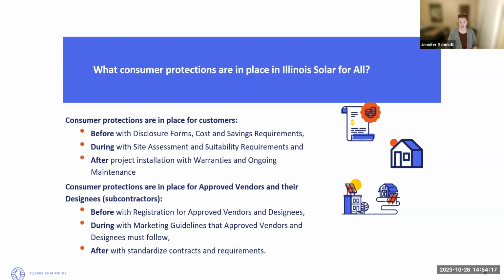The site assessment and suitability requirements are more with the on-site solar sub-program. And then after projects are installed, there are warranties and ongoing maintenance requirements. And also with community solar, there are financial guarantees that the customers won't have liens against their homes or have transfer fees for cancellation. There are protections in there to make sure that once the customer is participating in Illinois Solar for All, they're going to have a good experience and see measurable savings on their bills.